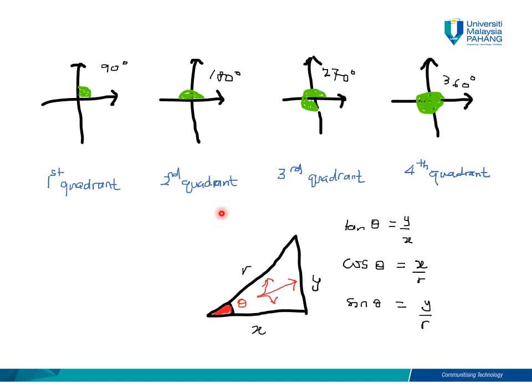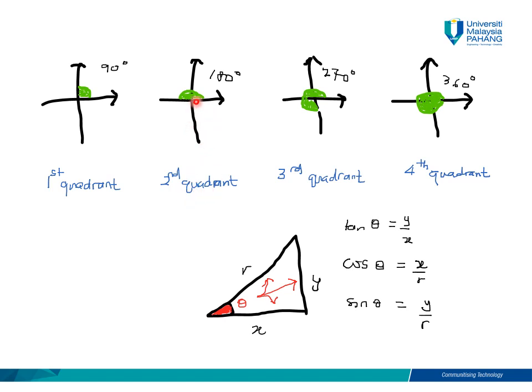Before we go further, let's recall what you have learned in secondary school. We have the x-axis here and the y-axis here. This is the first quadrant, which is 90 degrees.